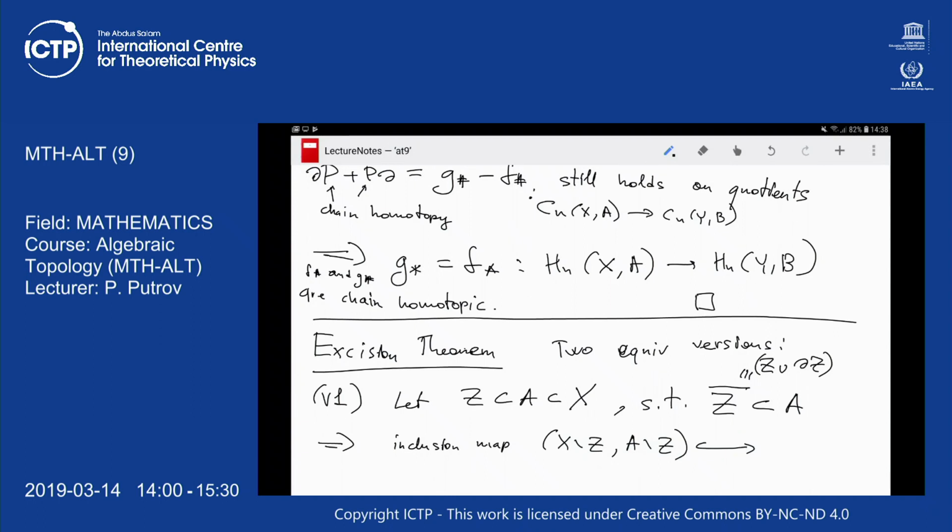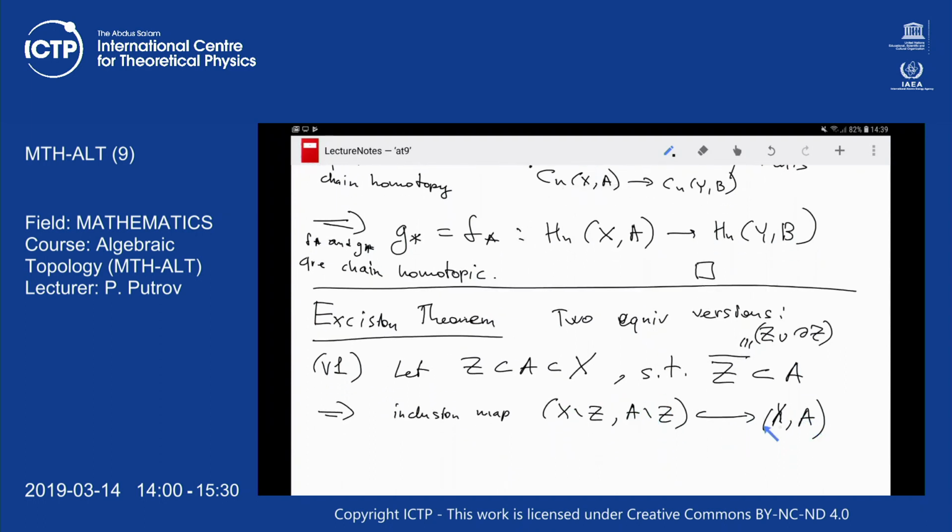And this is of course included in the pair X, A. The restriction of the inclusion on this subspace will be an inclusion into A. So this inclusion is a particular case of a general map between pairs, and as we showed above, such a map between pairs induces a map between the corresponding homologies. And the non-trivial fact is that this induced map will be an isomorphism.